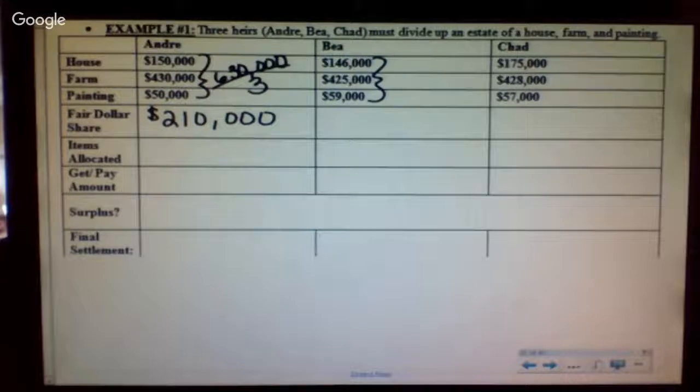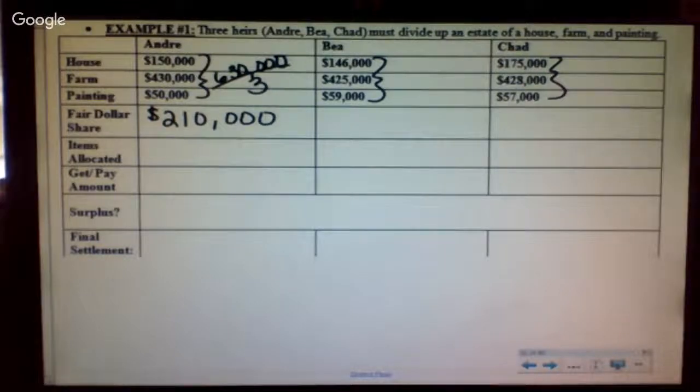We're going to do the same thing for each person. We need to do this for B. So what was B's total?